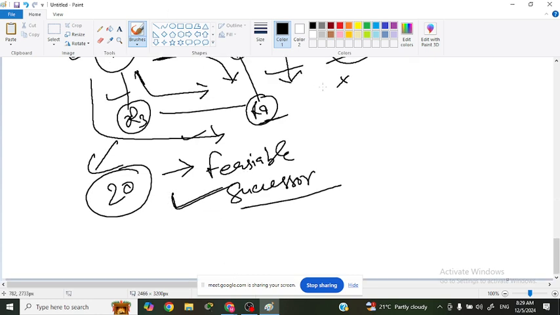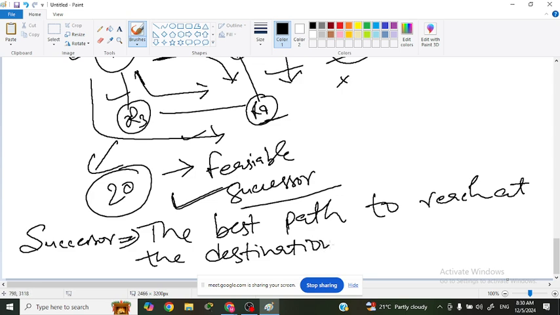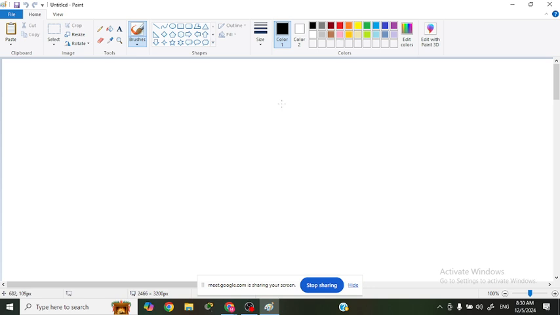So what is the definition of the successor? Successor is the best path. Feasible successor is the backup path or next best path. The best path to reach a destination is called a successor.